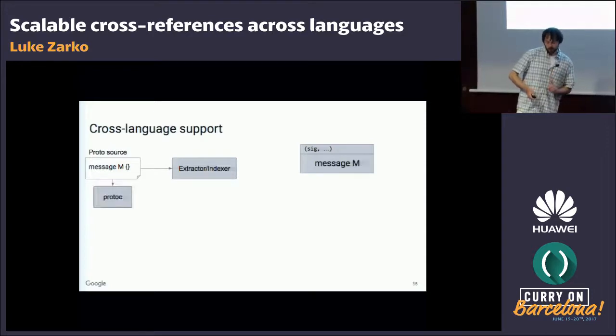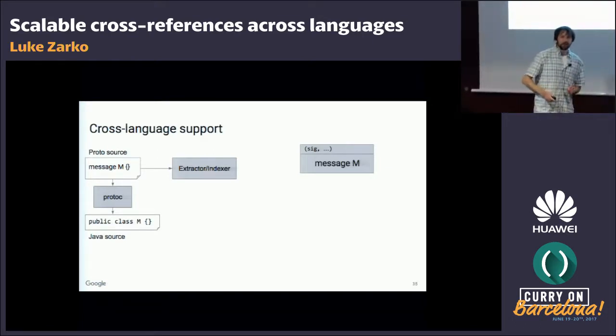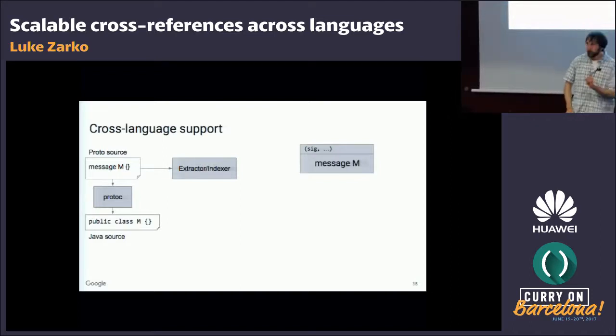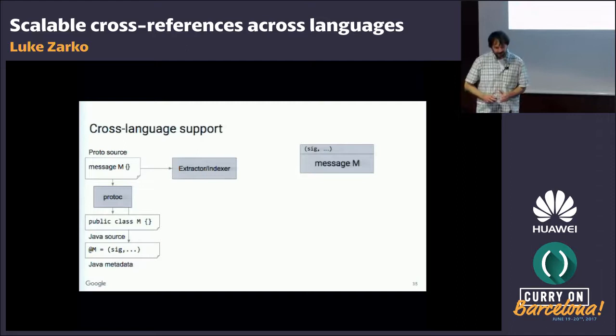The protocol buffer compiler also generates Java source, for example, the implementation of class M. But we have instrumented, and the code is there, the code is public, the protocol buffer compiler to also produce this kind of sidecar file. It's a metadata file that says, in the Java source that I just generated, this token M is associated with this signature.